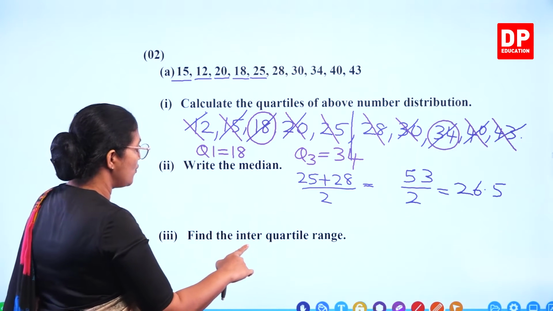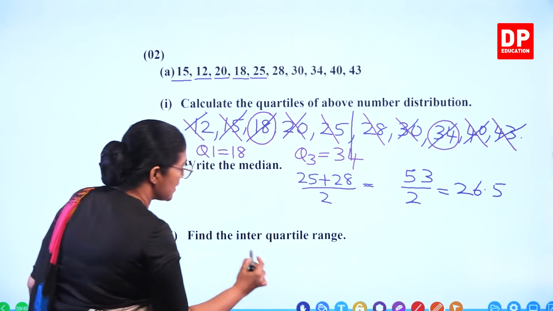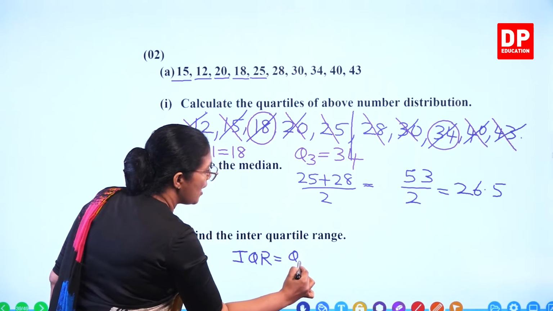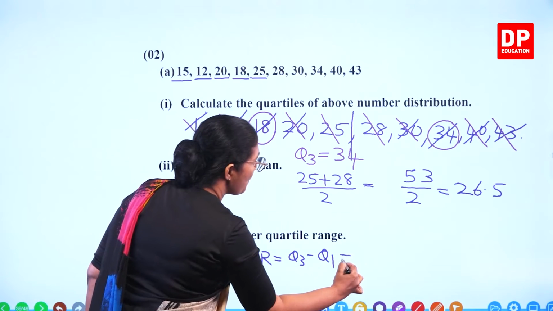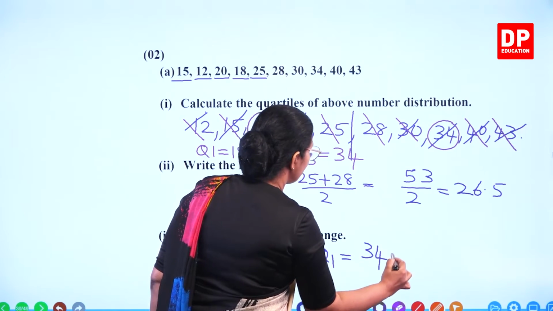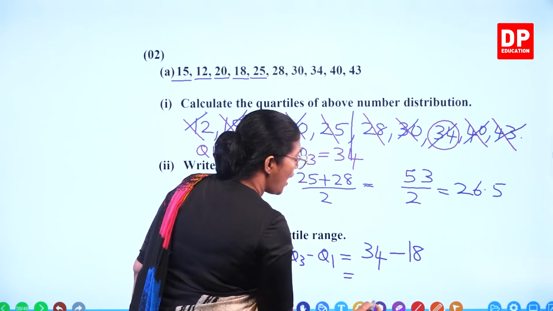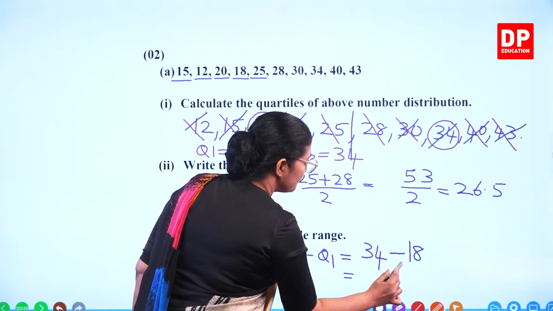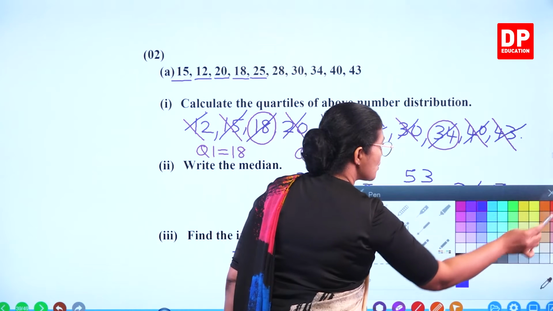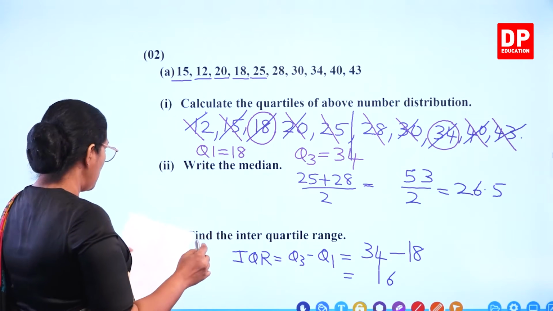And how do you find the interquartile range? It's the difference between the quartiles. Interquartile range is equal to Q3 minus Q1. What's Q3? 34. Q1 is 18. Subtract: 16 is the interquartile range. So let's see how many marks for each part.